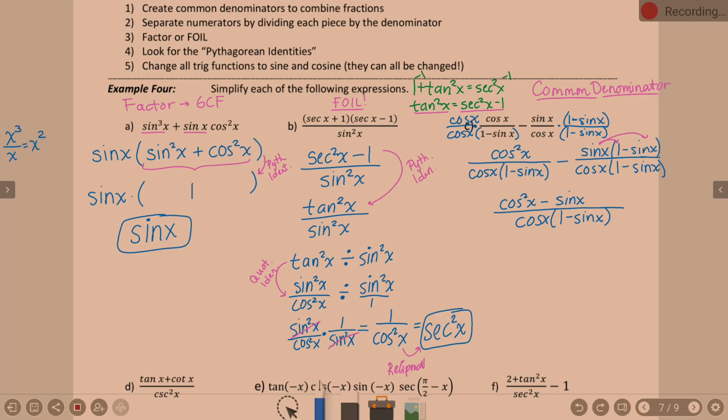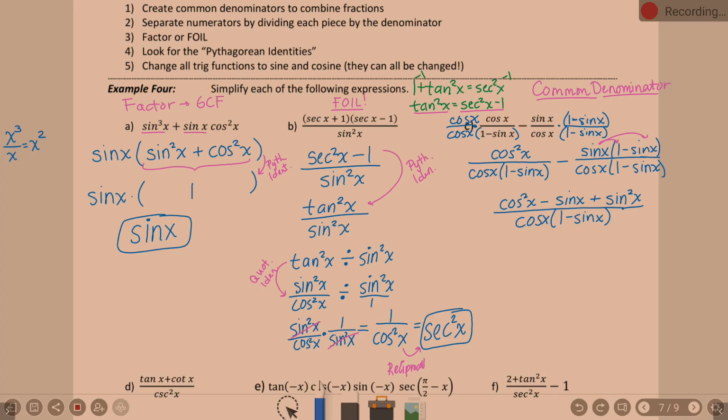And then, again, if we're thinking of this as negative sine x out front times the negative sine x in parentheses, negative sine x times negative sine x is going to be positive what? Sine squared x. It's just like the idea of what's x times x is x squared.